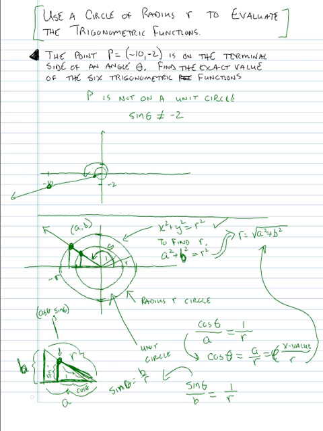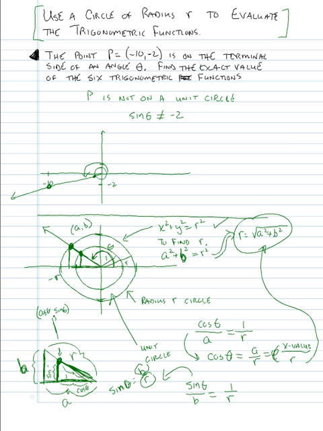What's b? B is the second coordinate of the point we know, and r is the radius of that circle, but we can calculate r in this fashion. Oh my goodness. Well, let's go to the next page and summarize this real quickly.